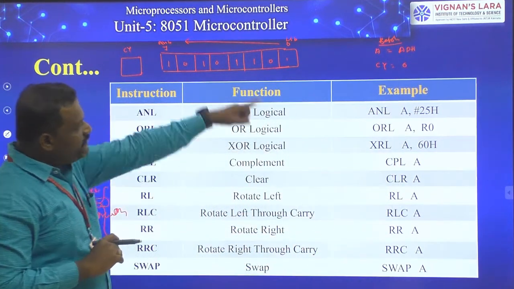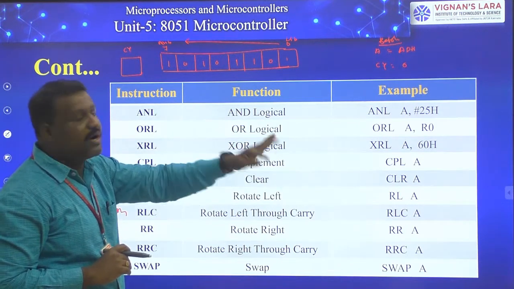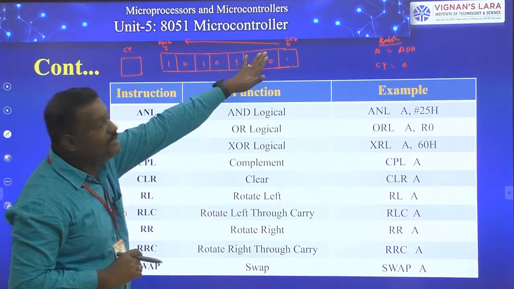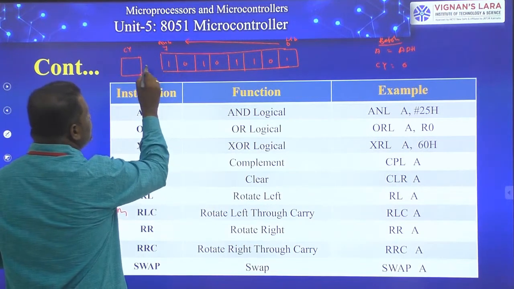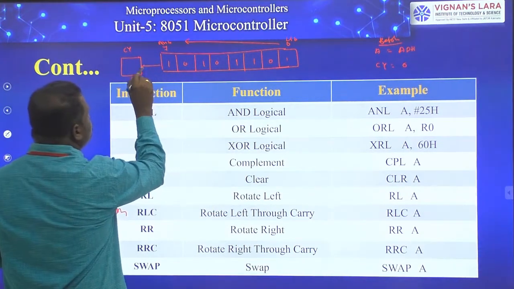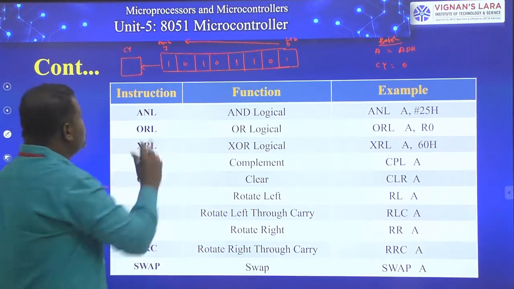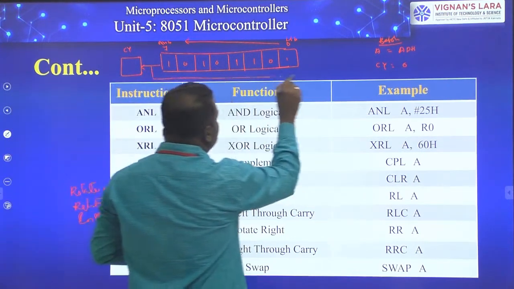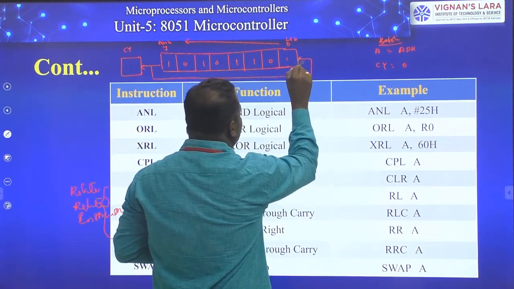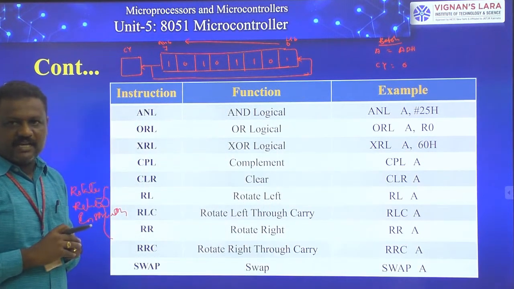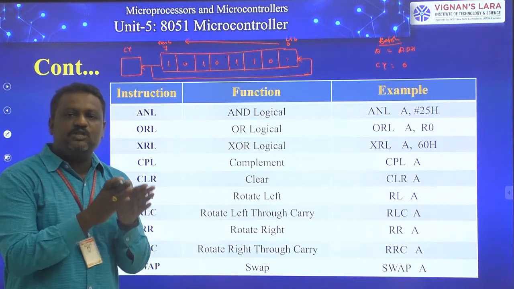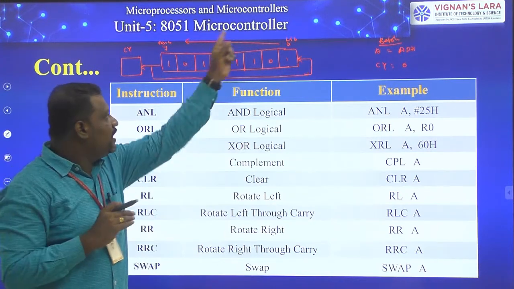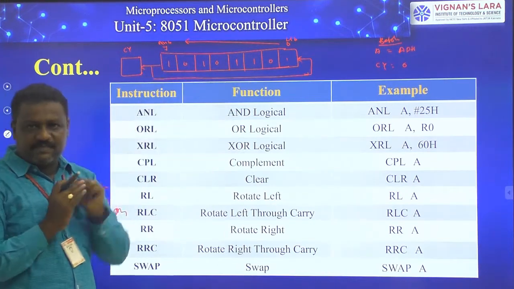Now, after execution of RL space A, what happens? The bits are moving from LSB side to MSB side. In that case, the MSB bit goes to carry as well as to the LSB. I repeat, in the execution of RL space A, the bits of accumulator move from LSB side to MSB side.